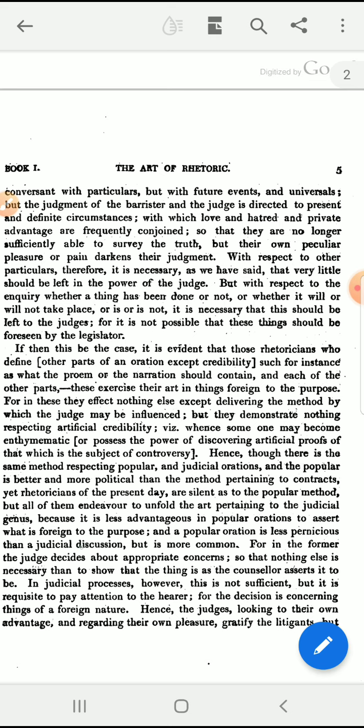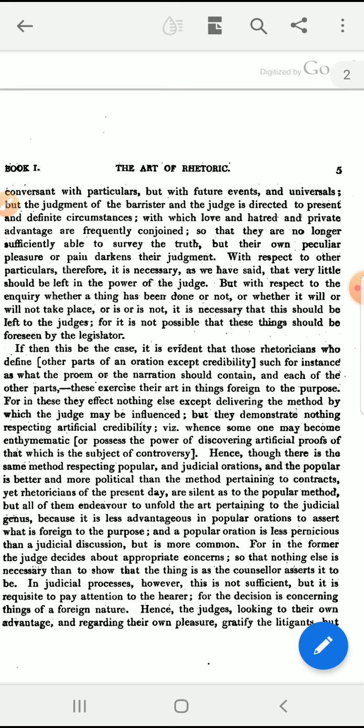For in the former, the judge decides about appropriate concerns, so that nothing else is necessary than to show that the thing is as the counselor asserts it to be. In judicial processes, however, this is not sufficient, but it is requisite to pay attention to the hearer, for the decision is concerning things of a foreign nature.